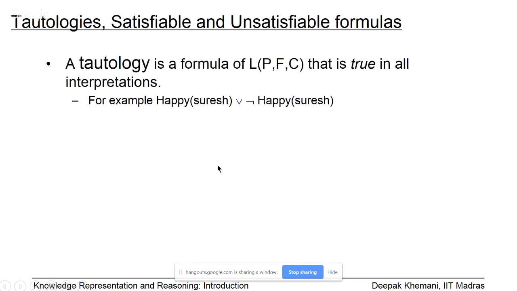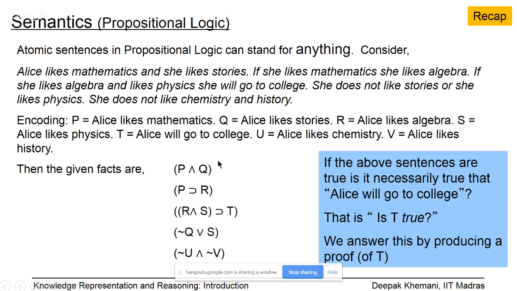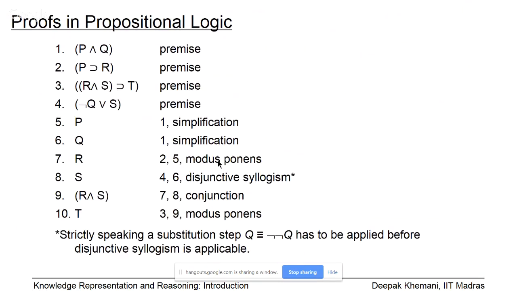But we are more interested in the reasoning process, or the process of finding proofs. So let's start with the process of a formal proof in propositional logic. We start with forward chaining and we will come to backward chaining a little bit later. In this diagram that you see, the first four sentences are given to you.